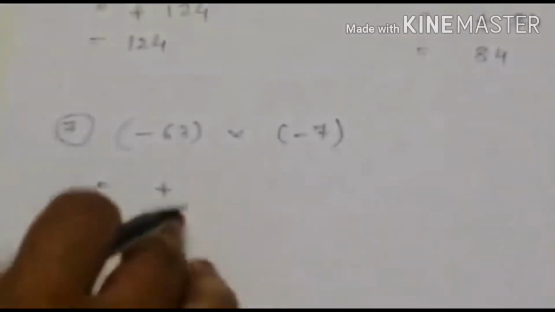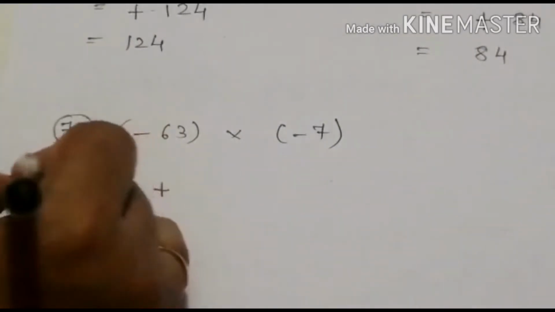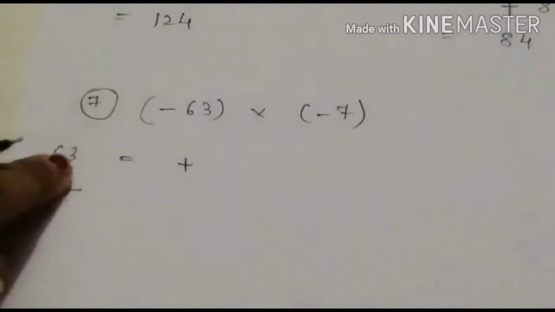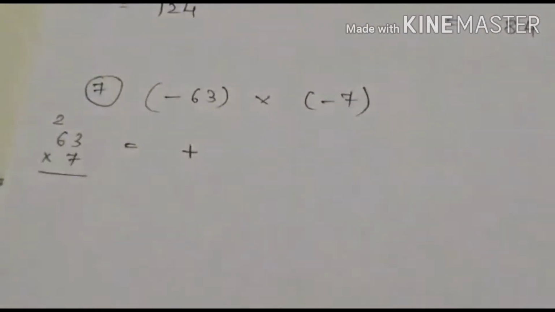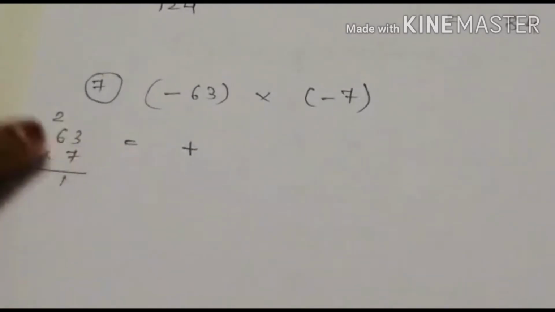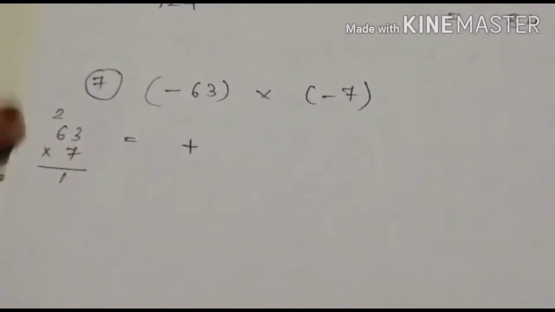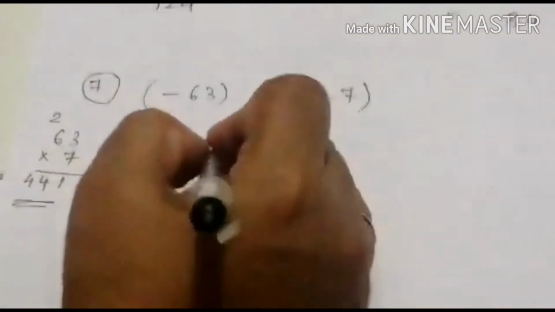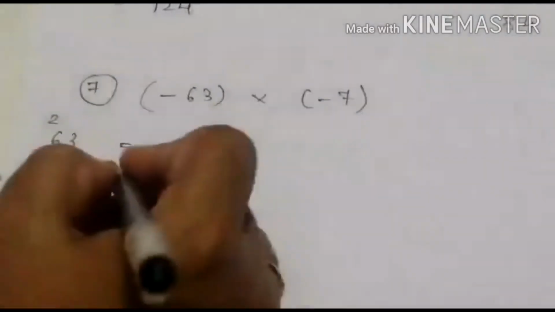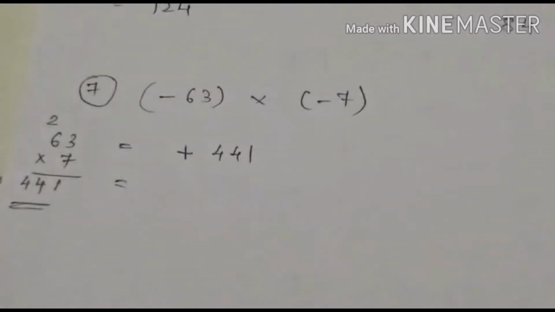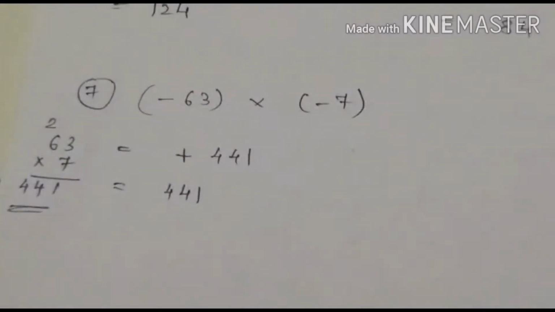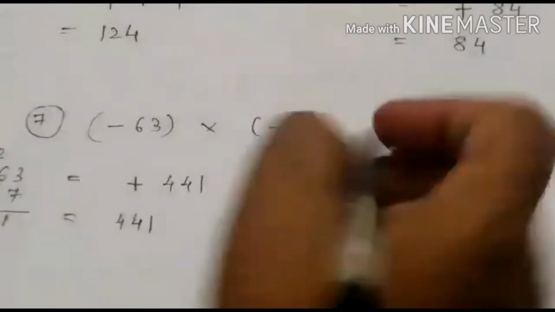If you don't know the numbers to multiply directly, you can work it out in rough. 63 multiplied by 7. 7 threes are 21. 1 down, 2 carry. 7 sixes are 42. 42 plus 2 will give you 44. So the answer is 441. It's plus 441. We can write it without sign as 441.